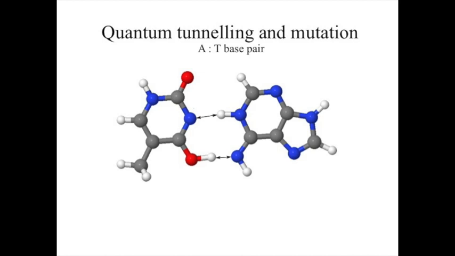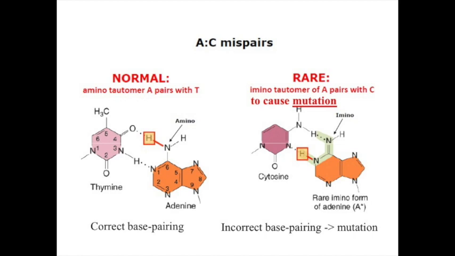So he proposed this reaction may cause the formation of a tautomeric form of the base. The normal form of the DNA bases is the amino forms, but if they're in their tautomeric form, then instead of having the canonical Watson and Crick base pairs, thymine pairing with adenine, cytosine pairing with guanine, you can have mutagenic base pairs in which cytosine will pair with the imino form of adenine.